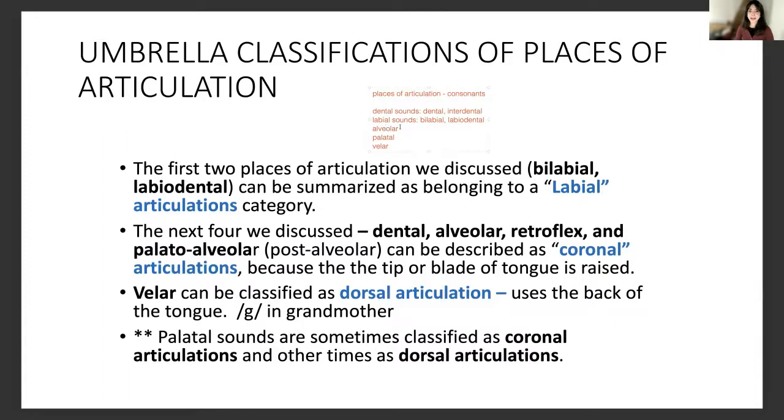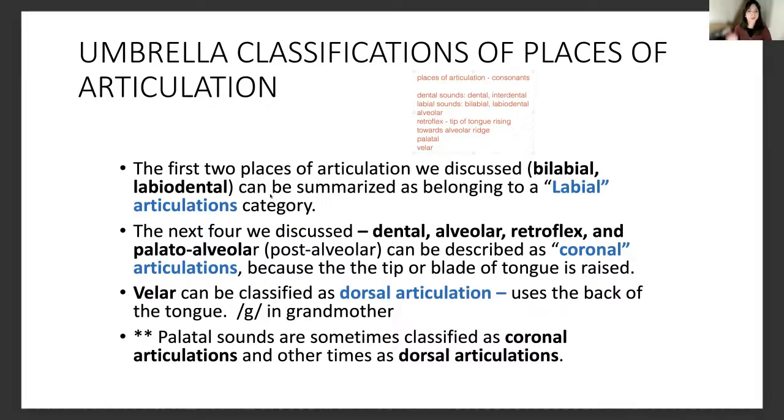And in our alveolar category, we also spoke about a specific place of articulation for our American R sounds that happen with lip, tip of tongue, rising towards alveolar ridge. Right. So far, these are our labels: dental, labial, alveolar, retroflex, palatal, velar.